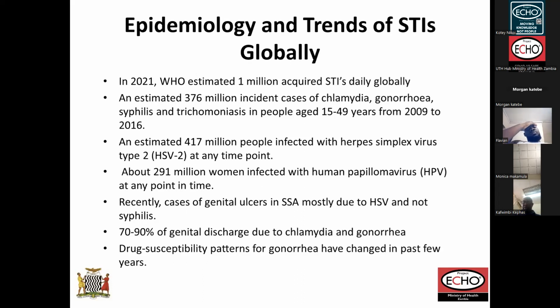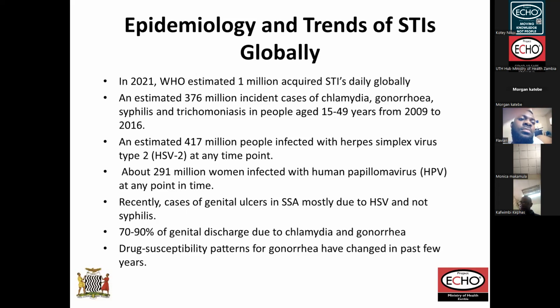In terms of epidemiology and trends of STIs, in 2021, WHO estimated that about 1 million people acquired an STI daily globally.